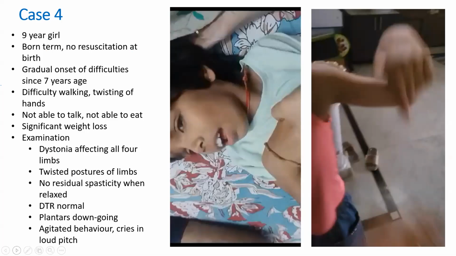And she had significant dystonia affecting all four limbs, with a lot of twisted postures of the limbs. But actually, in between, there was no residual spasticity when she was relaxed. Her reflexes were normal, plantars were downgoing, and no doubt because of all of this, she had significant agitated behavior and cried in a very loud pitch.